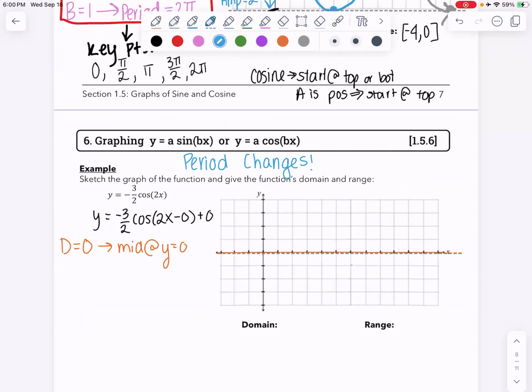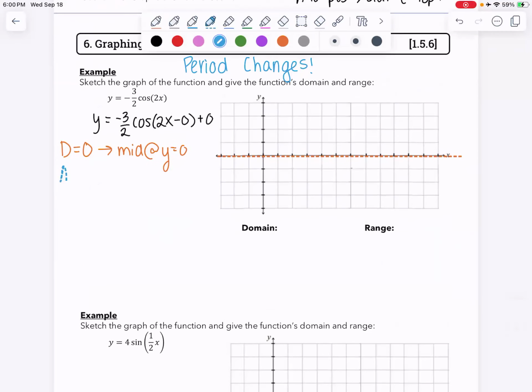Then I want to make sure my color is consistent because I was a little bit inconsistent on the colors in the previous sections. A, the amplitude. So A is negative 3/2. The amplitude is always a positive number. The amplitude is 3/2. A is negative, but the amplitude is positive. 3/2, so that's 1.5.